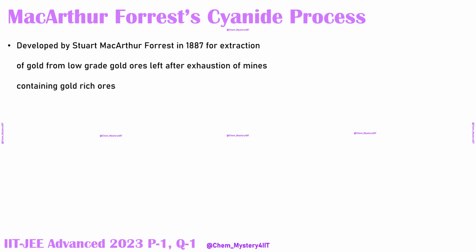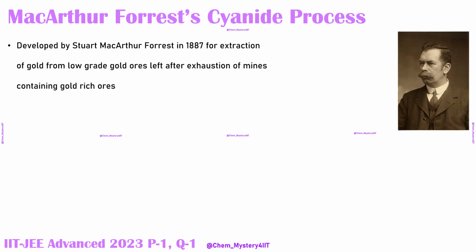For copper metallurgy, extraction from low-grade copper was made profitable by the froth flotation process. From low-grade gold ores, extraction of gold was made profitable by the MacArthur Forrest cyanide process.